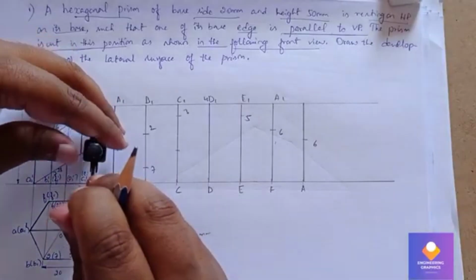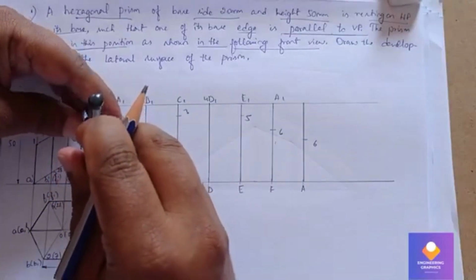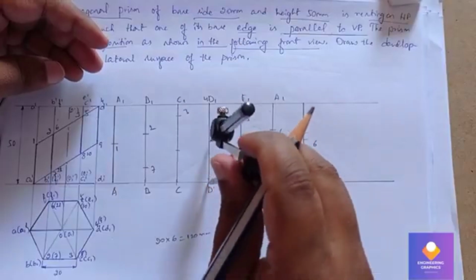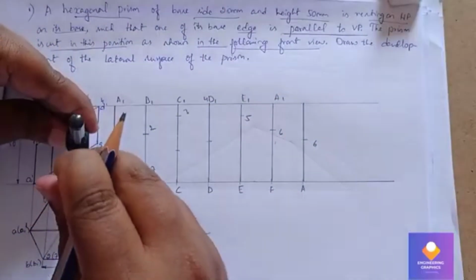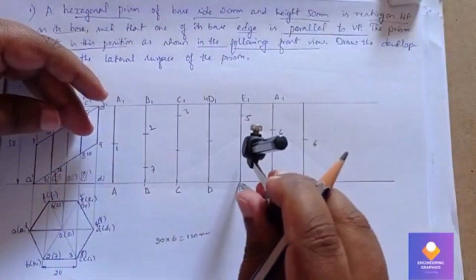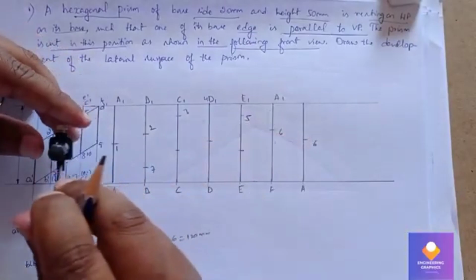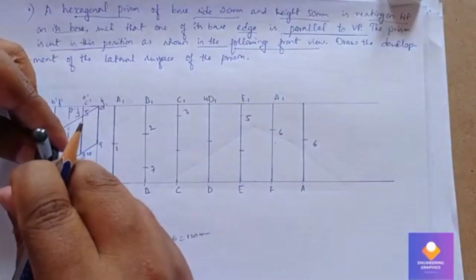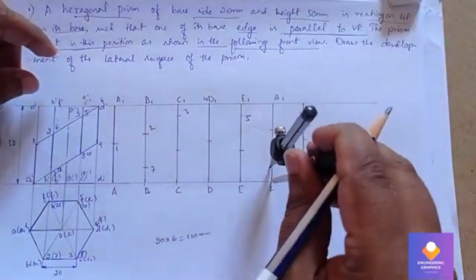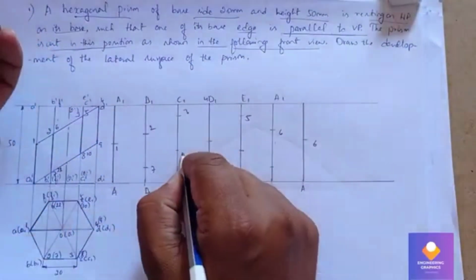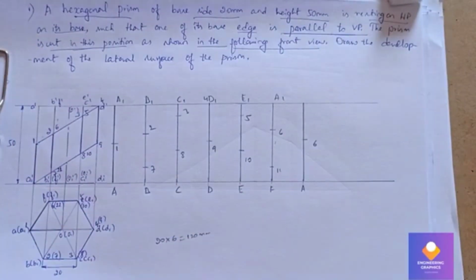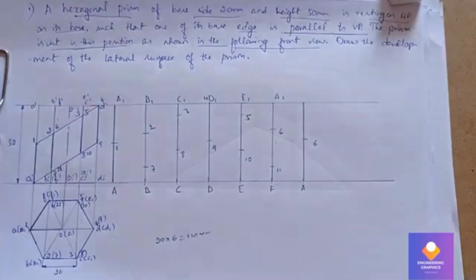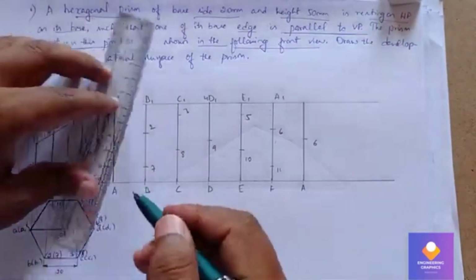Then 9 we need to cut on the vertical edge D, and then 10, and then 11. So that is 8, 9, 10, 11. Now we have to join all these points with a straight line with the help of the scale.